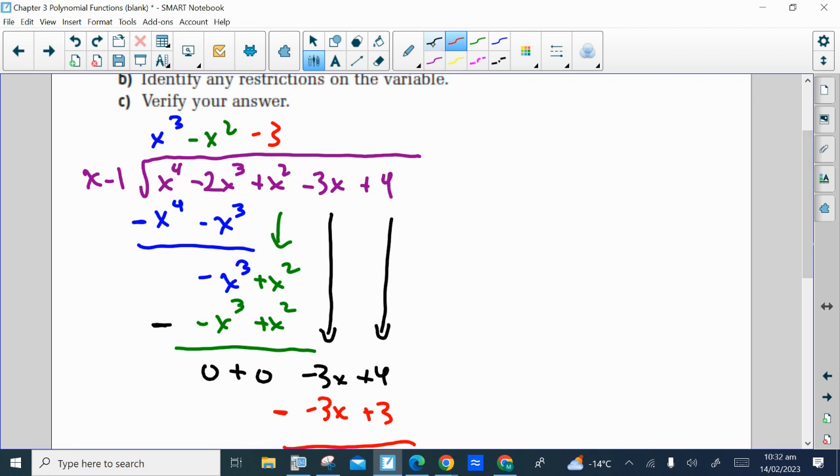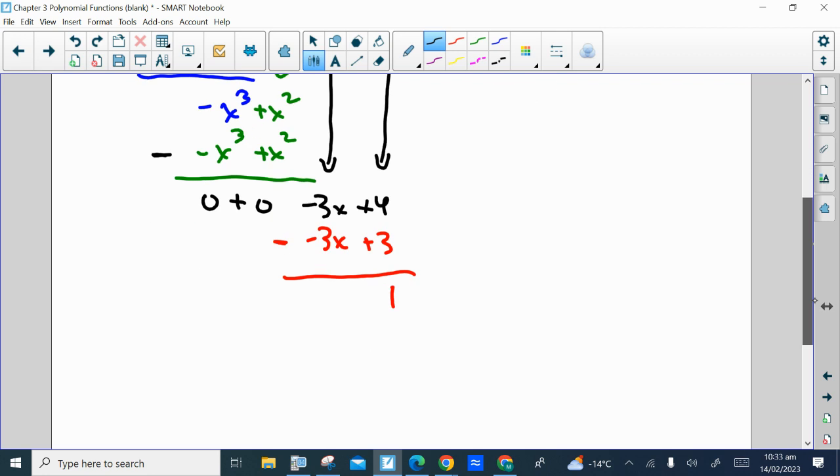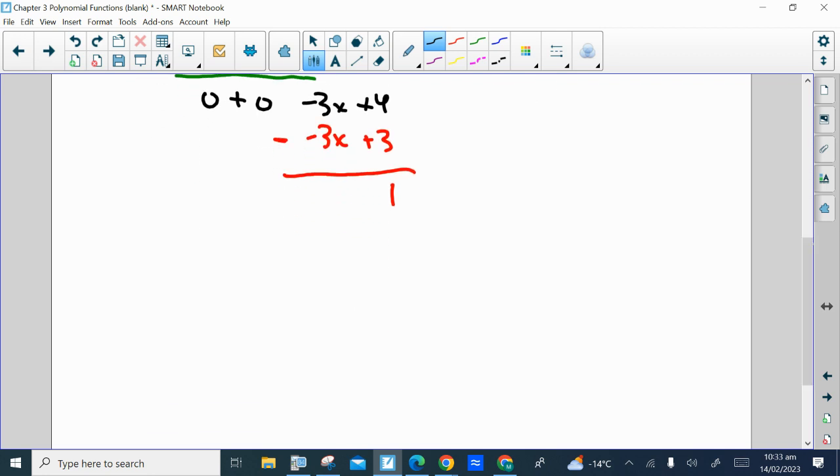If we talk about our restrictions here, you're dividing by x minus 1, so that cannot equal 0. Therefore, x cannot equal 1. And our division statement would be p at x, which is x to the fourth minus 2x cubed plus x squared minus 3x plus 4.